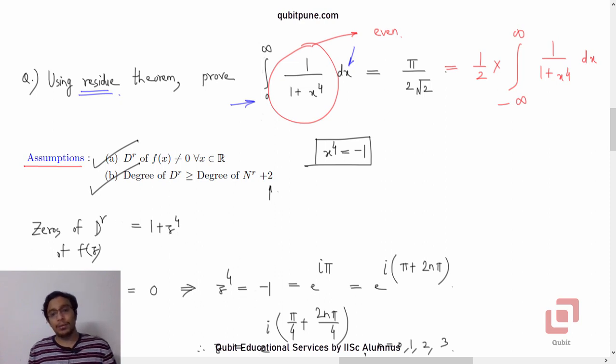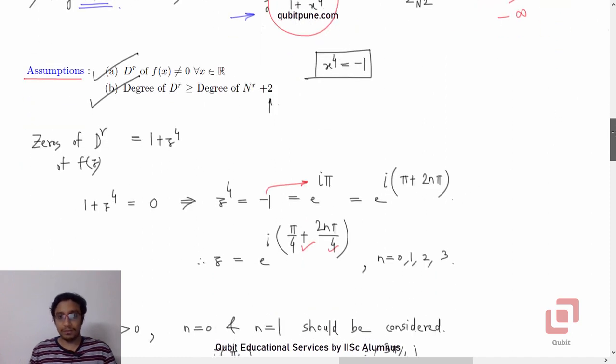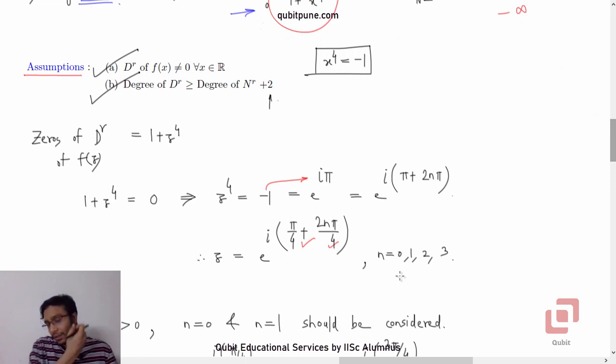Use the complex exponential representation of minus 1, which is e to the power i pi, and now use the periodicity of trigonometric functions and write it as e to the power i times pi plus 2n pi. So z is now going to be e to the power i times pi plus 2n pi upon 4, the standard process that we use to solve such equations. Now n can take 0, 1, 2, 3. If n takes the value 4, it will come back to 0.